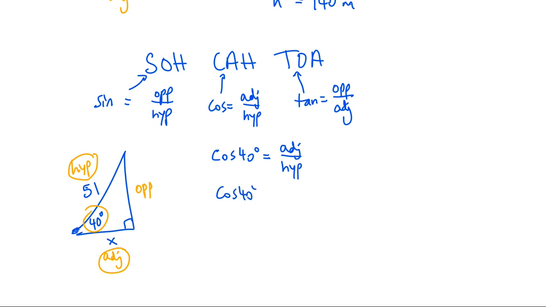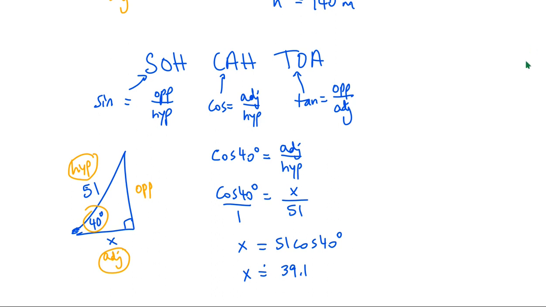And so cosine of 40 degrees is equal to x over 51. Cross multiply. I have 1x equals 51 cosine 40 degrees. In the calculator all at once, 51 cos 40, approximately 39.1.